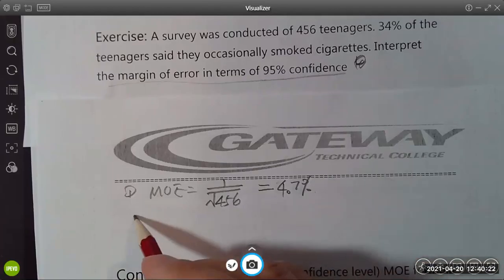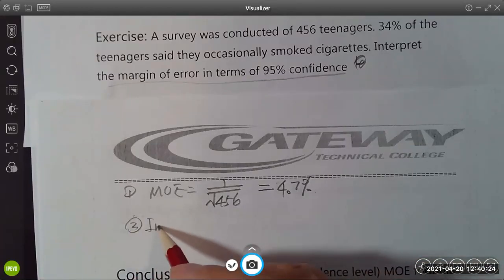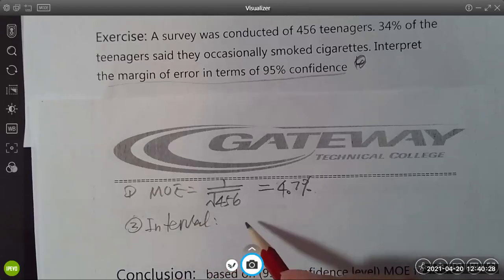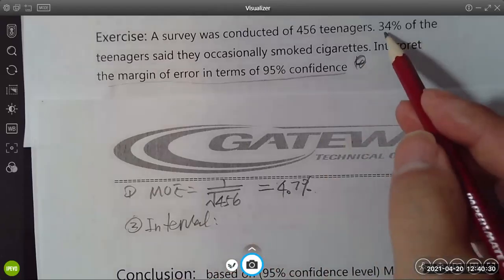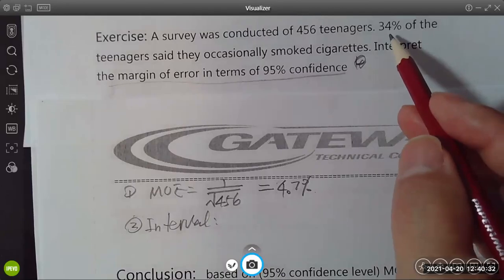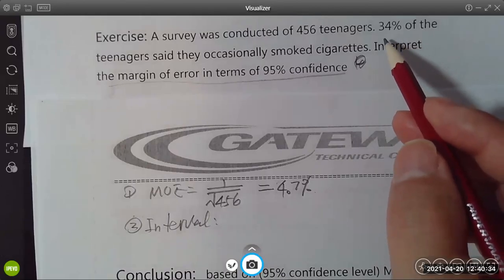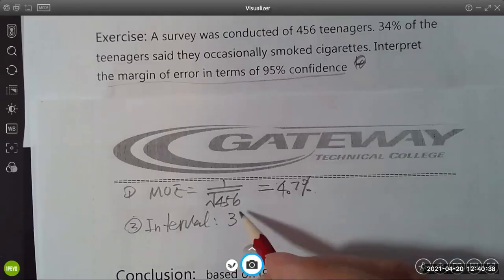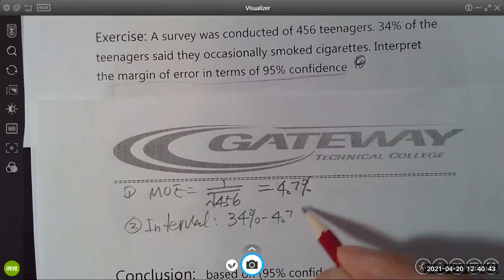Now let's look at our confidence interval. So I use the statistic, which is 34%. That's the percentage they found through the sample. So that's a statistic, right? 34% minus 4.7%.